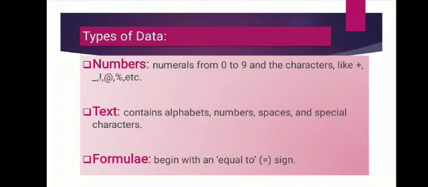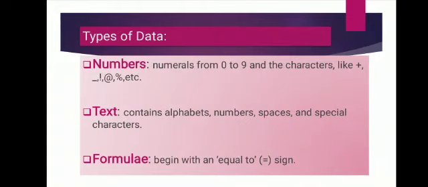They can be used in calculations and in addition to actual numbers. So Excel also stores date and time as numbers. And by default the numbers are right aligned in the cell.